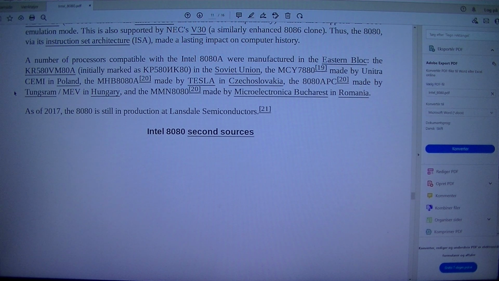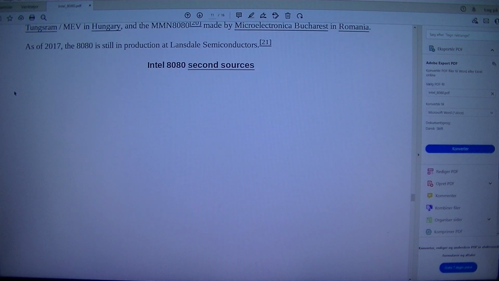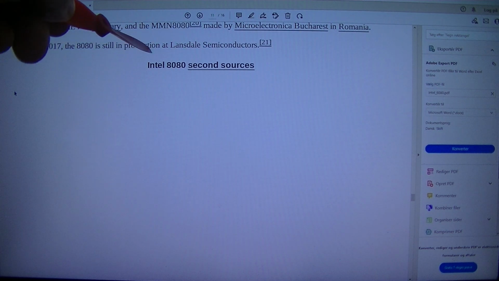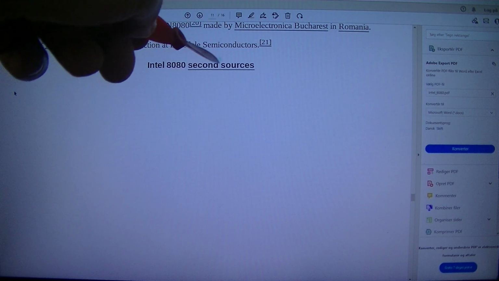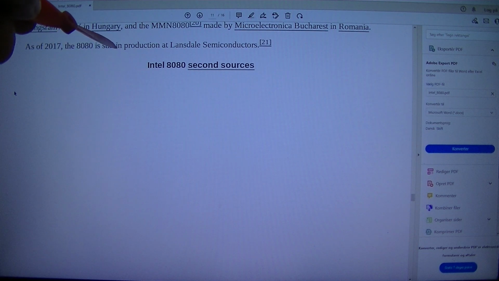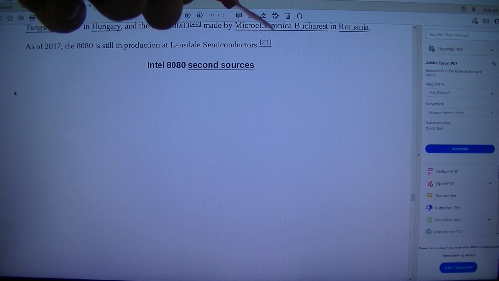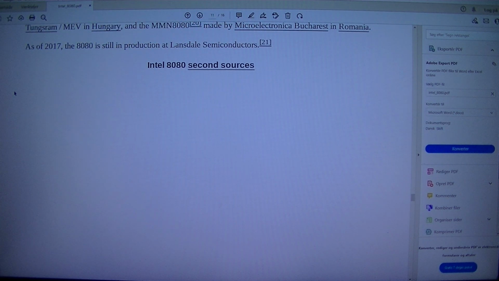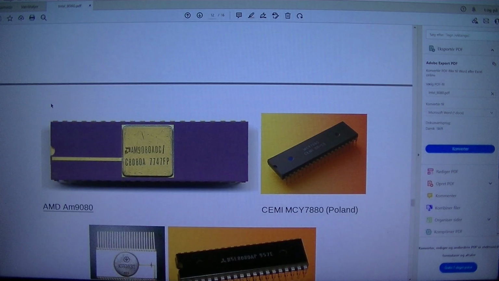The 8080APC, made by Tungsram/MEV in Hungary, and the MMN8080, made by Microelectronica Bucharest in Romania. As of 2017, the 8080 is still in production at Lansdale Semiconductors.